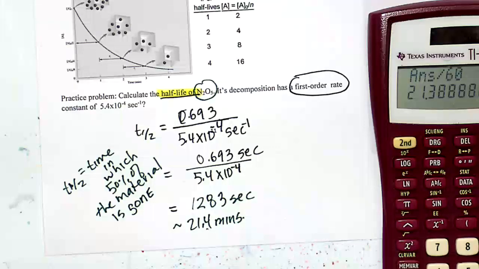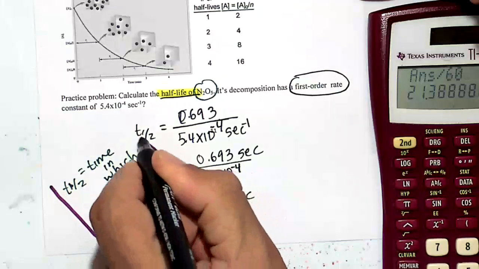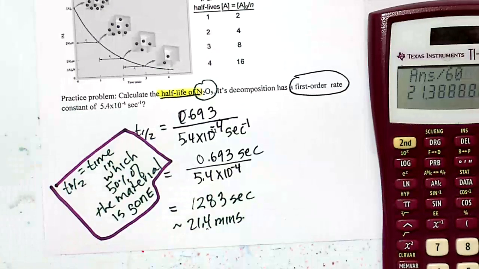This is a time. So that's half-life for first order. I think there's a second order problem on page 12, so let's go ahead and do that.